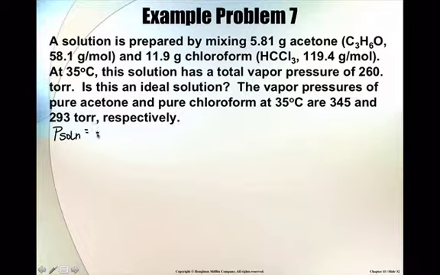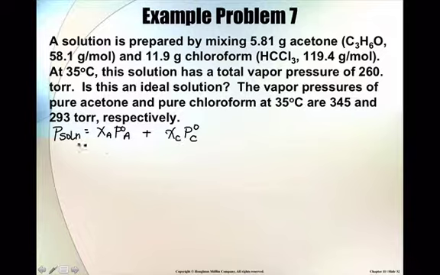Again, we're just going to be doing the two different parts as two separate calculations. I used A to represent acetone. So the mole fraction of acetone times the pure vapor pressure of acetone plus, what's our other one? Chloroform. The mole fraction of chloroform times the vapor pressure of pure chloroform.